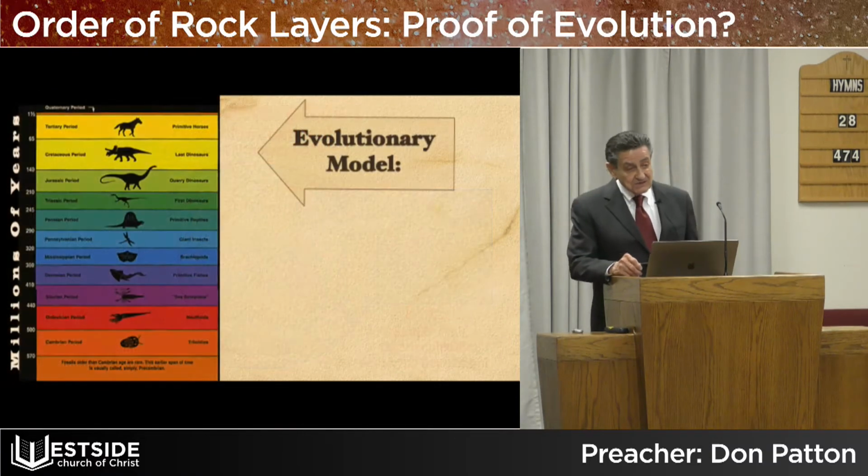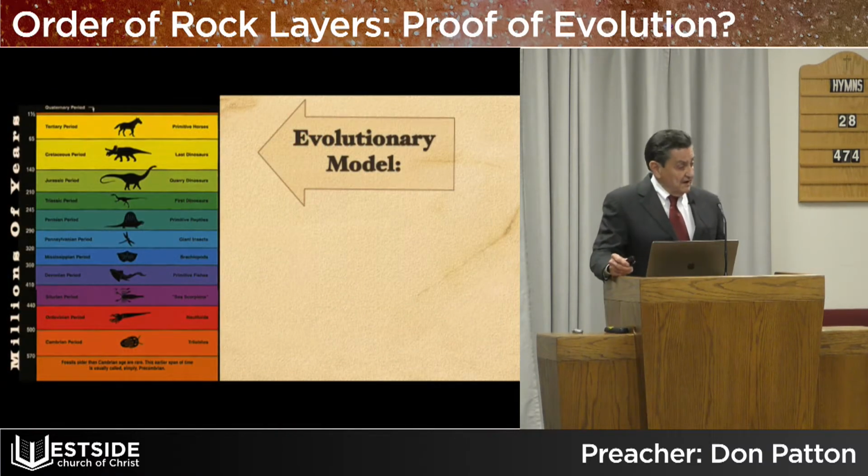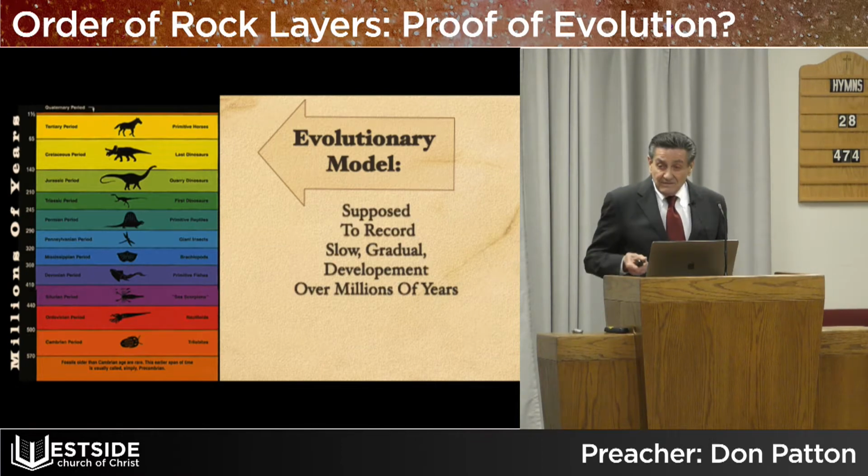The evolutionist says this represents what you find when you dig down in the earth. It's supposed to be the record of the evolution of life through time, and it gets simpler and simpler as you go lower and lower.